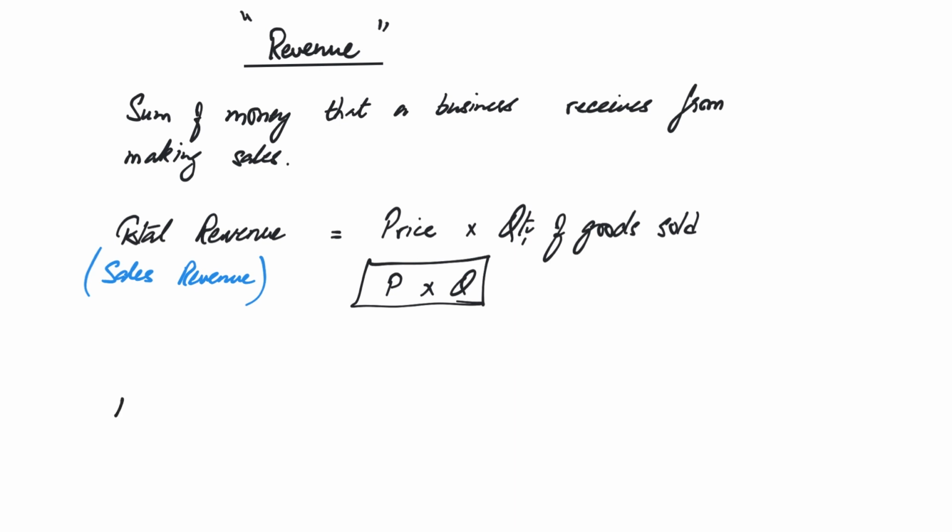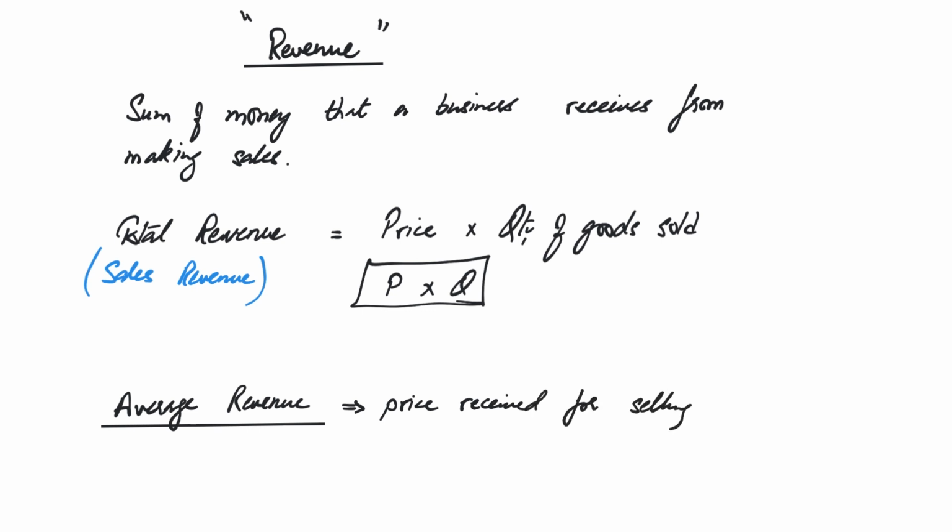तो फिर what will be the formula for average revenue? In fact, what is average revenue? Basically, we say average revenue is the price received for selling a given quantity of good.